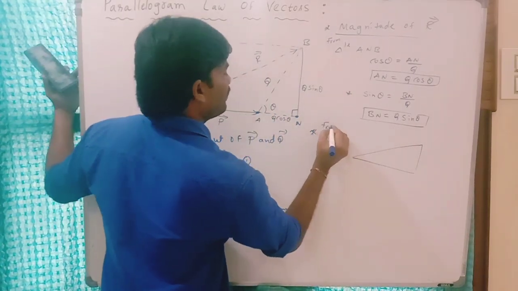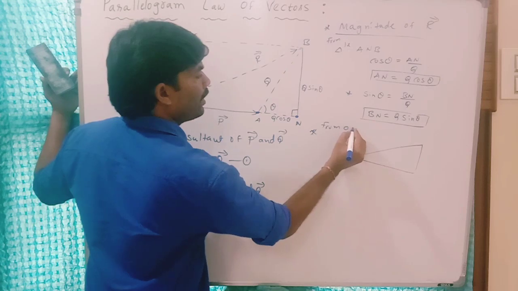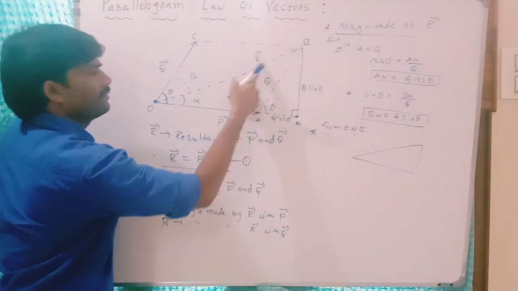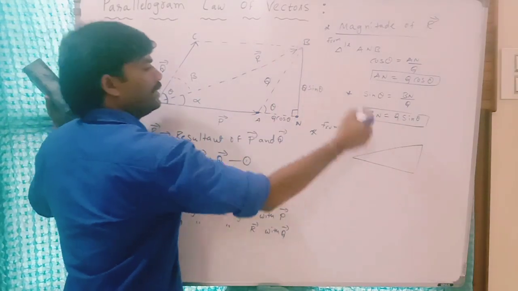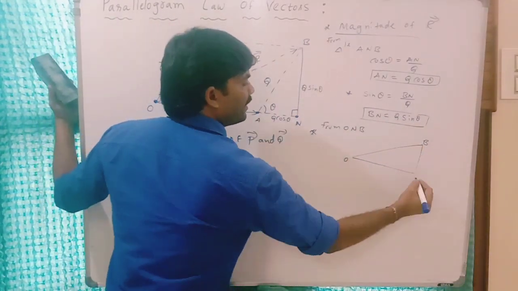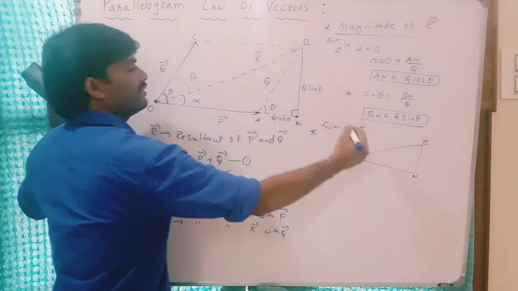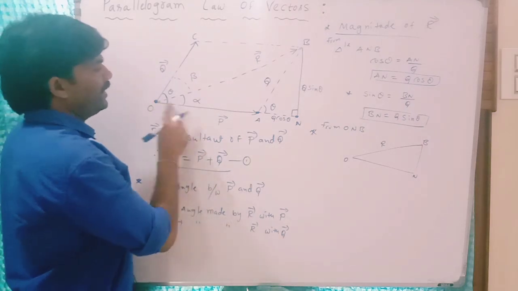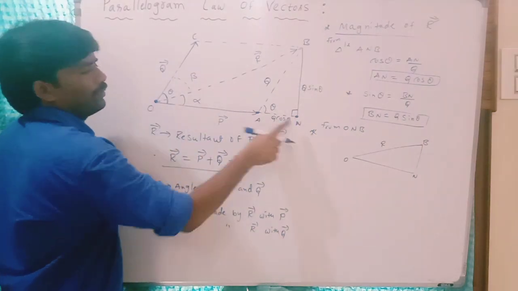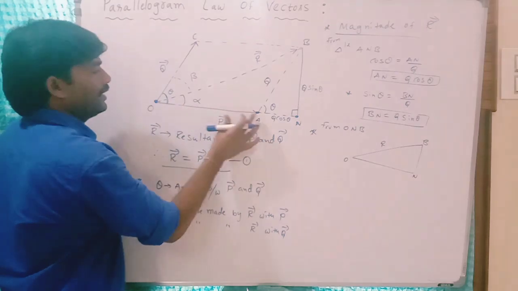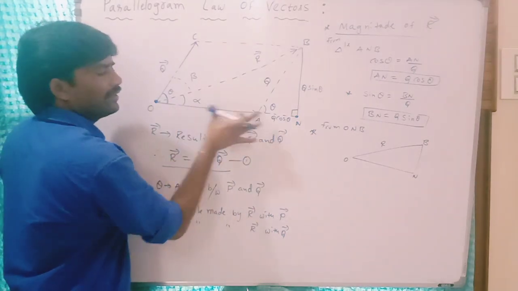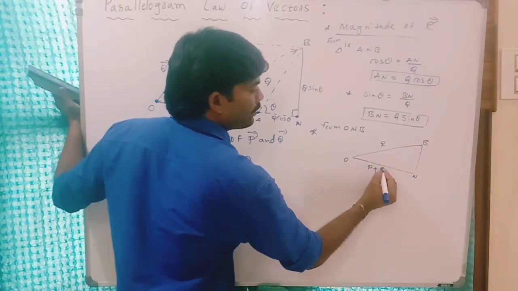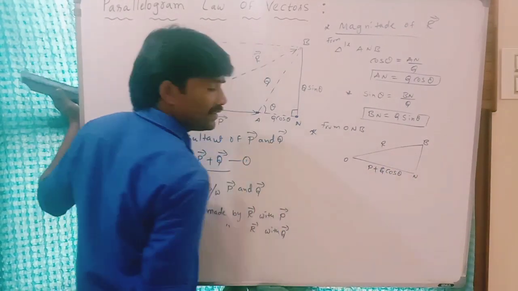From this triangle ONB, this is O, this is B, N. What is the OB side? The magnitude of resultant R. And the ON side, O to N: up to A the side length is P, and this side is Q cos theta. So ON is P plus Q cos theta. Is everything clear?